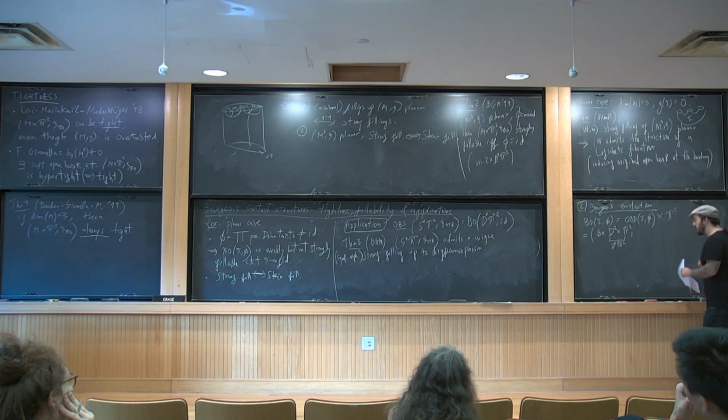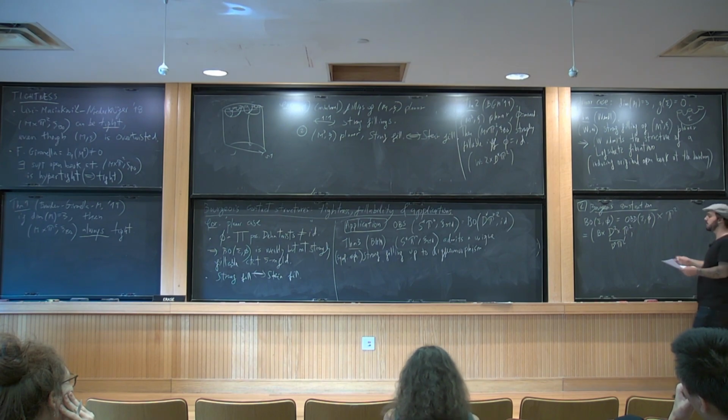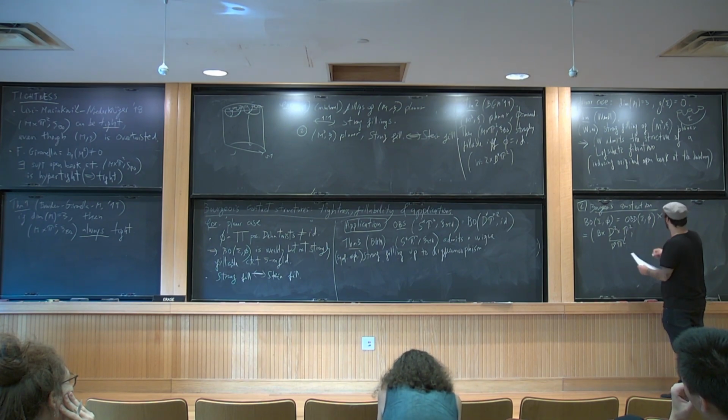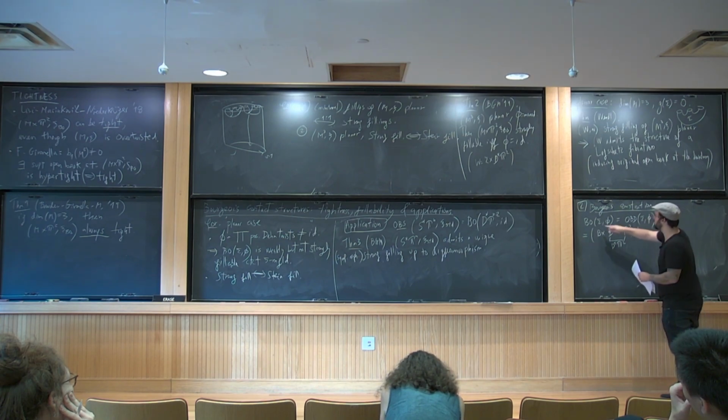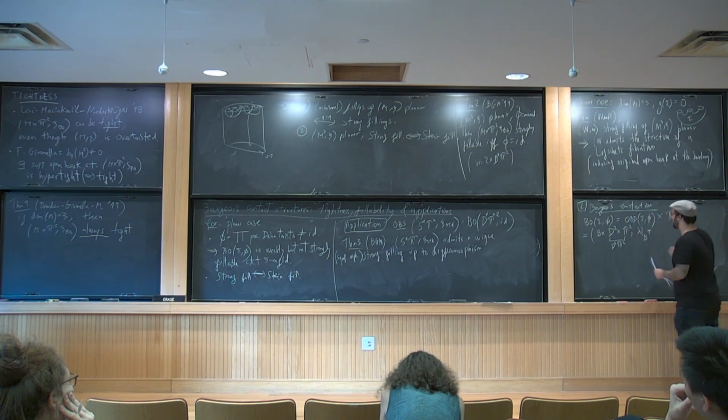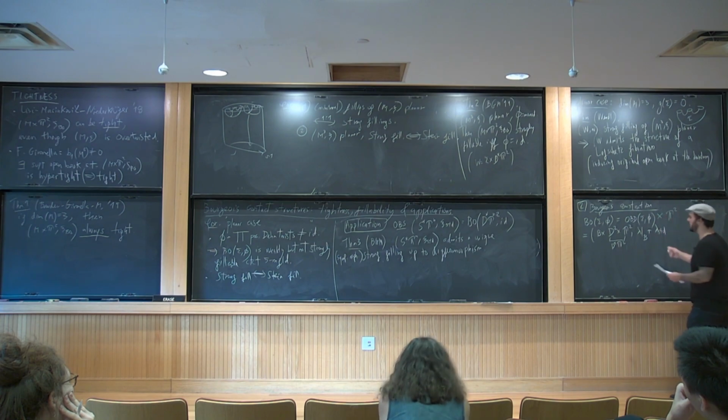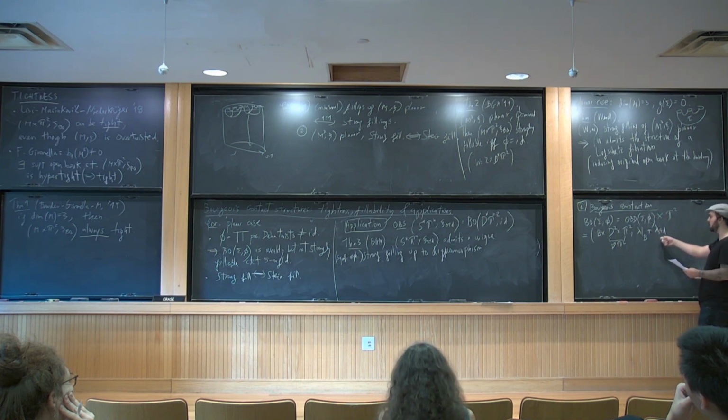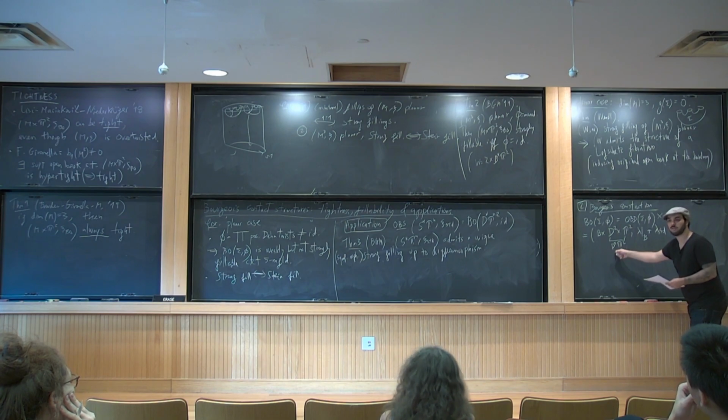And the contact form that I'll write down is in some sense split. We've got a piece which is lambda, the Liouville form in sigma restricted to the binding, plus the standard Liouville form in here.